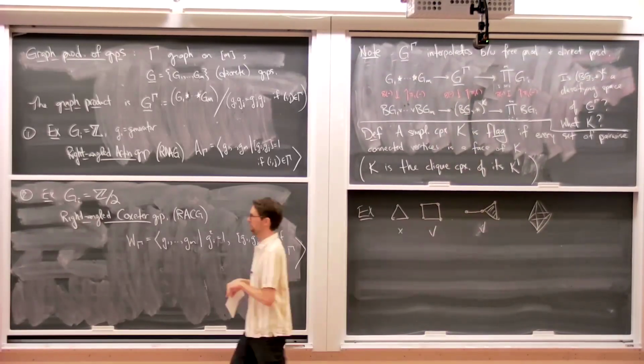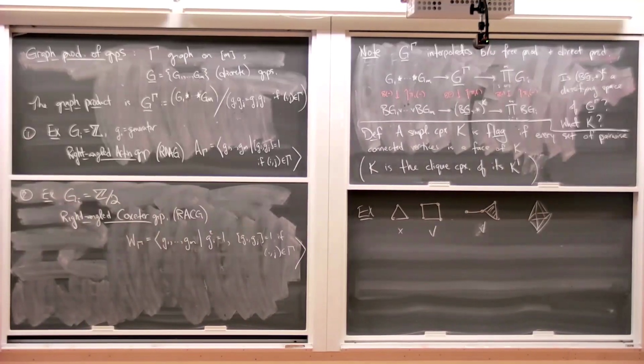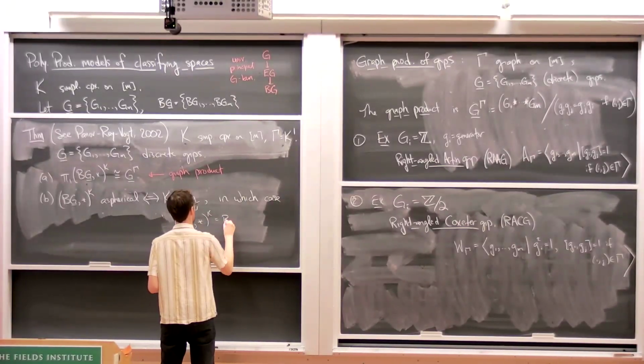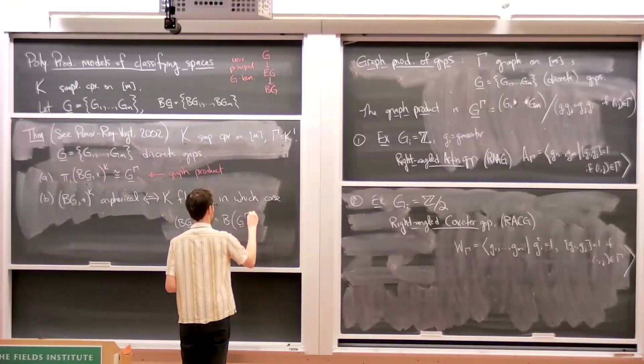Sorry, I probably shouldn't write over there anymore. So in which case, a polyhedral product is B of something, the classifying space of this graph product.